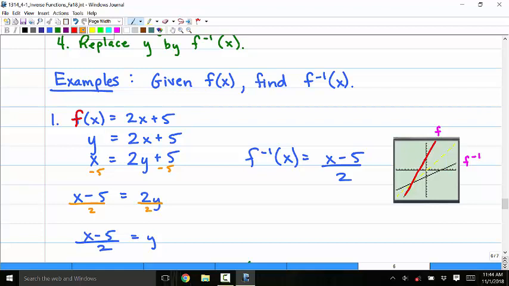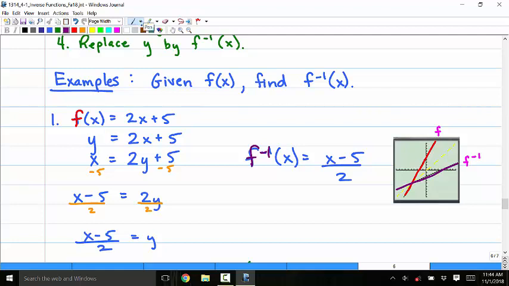F inverse, I'm going to do in purple. Y equals x minus 5 all over 2 is down here. I graphed that on my calculator. Something I want you to notice, do you see that yellow line, y equals x? Do you see that the graphs of f and f inverse are symmetric with respect to that line, y equals x?